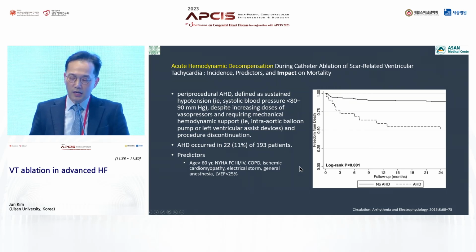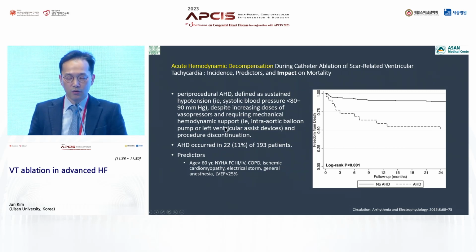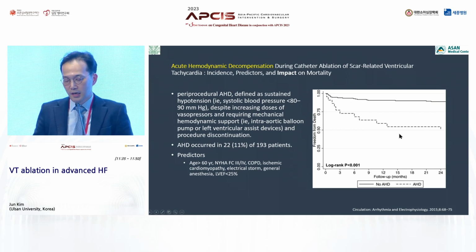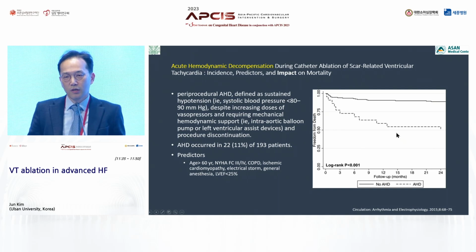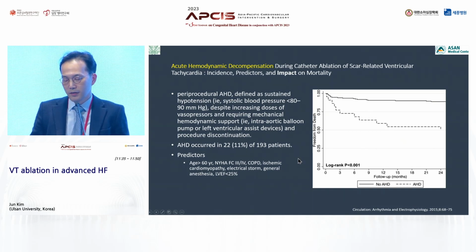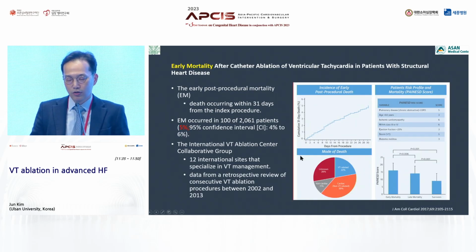Those patients who underwent VT ablation have severe LV dysfunction, and about 10% of patients have acute hemodynamic decompensation during the procedure. If this happens, the mortality rate is about 40% in 1 year. So it is really important to prevent acute heart failure decompensation after cath ablation.